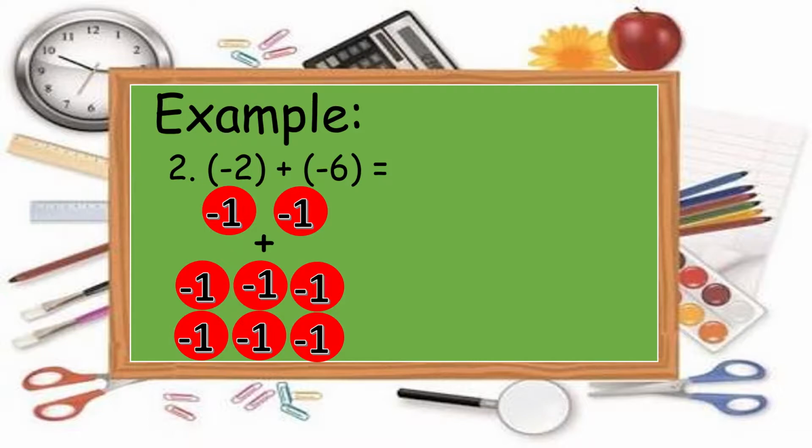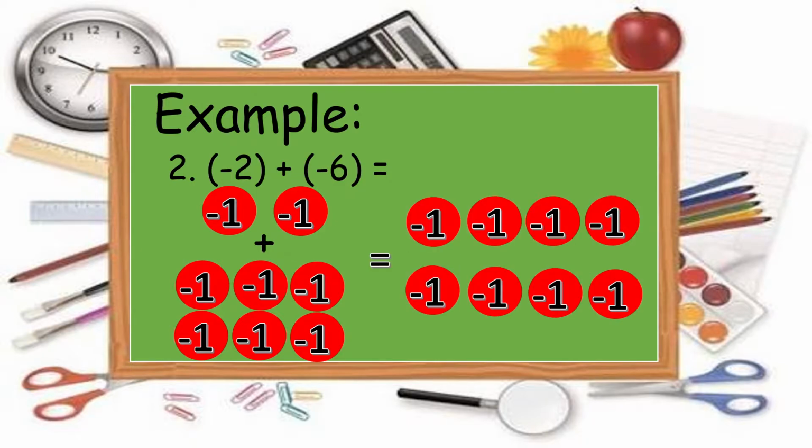Gaya ng sa number 1, hindi tayo makakabuo ng 0 pair kasi nga pareho silang negative. So, ang gagawin lang natin is bibilangin lahat ng red disk. So, we have 1, 2, 3, 4, 5, 6, 7, and 8. Therefore, ang sum ng negative 2 at negative 6 ay equal to negative 8.